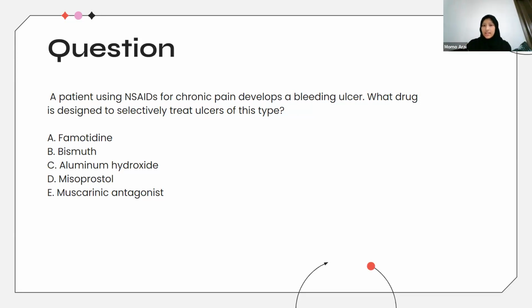There's a slide on that later on, but that's why when you block that enzyme, there's not enough prostaglandins in the GI mucosa, and that causes bleeding ulcers in your gastric mucosa. So what drug treats this one? You want to give a prostaglandin, right? Which one of these is a prostaglandin? Someone said D. Is it starting to make more sense now?